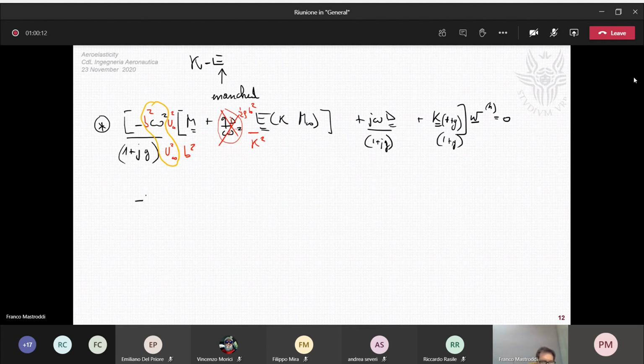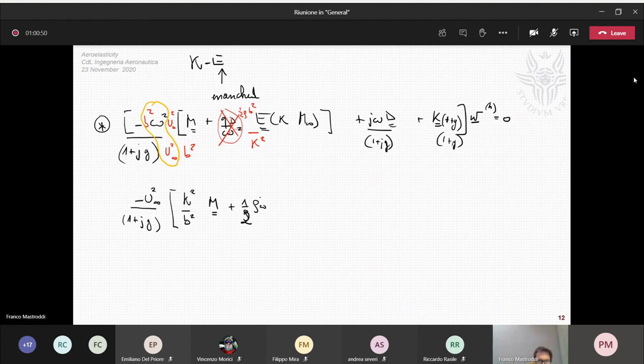We have minus u square infinite divided by 1 plus jg, and we can move this k square by b square inside, so we have k square by b square by the mass matrix, and here we have 1 on rho plus 1/2 rho.